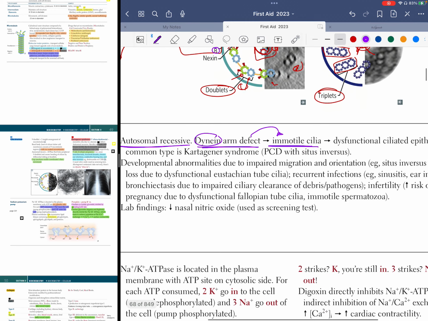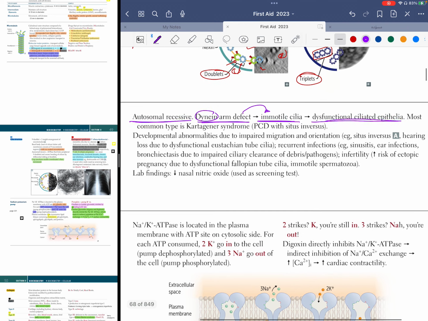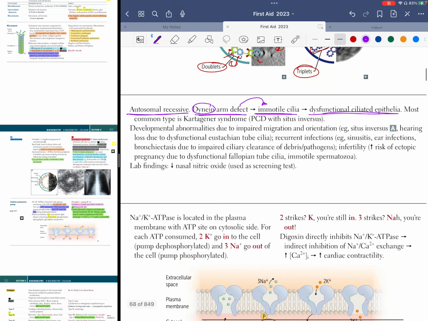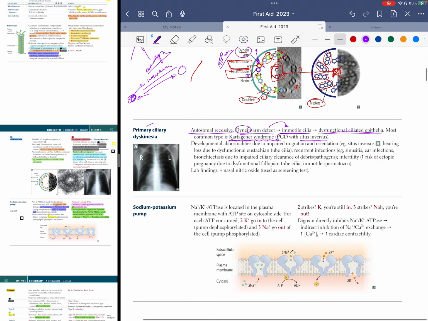So it's immotile cilia and leads to dysfunctional ciliated epithelia. The most common type is Kartagener syndrome, which is primary ciliary dyskinesia with situs inversus. So Kartagener syndrome is basically primary ciliary dyskinesia with situs inversus.